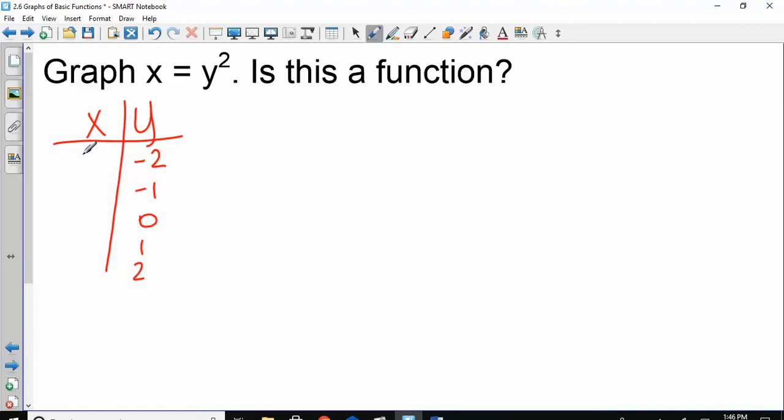So if I put in -2, -2 squared is 4. -1 squared, 0 squared, 1 squared, 2 squared. So what's the bottom?